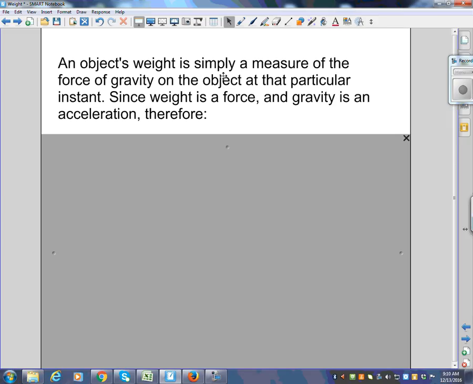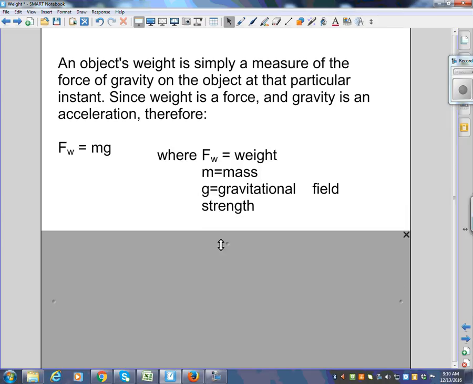An object's weight is simply a measure of the force of gravity on that object at that particular instant. And since weight is a force and gravity is an acceleration, we get this weight force formula that you've already seen.